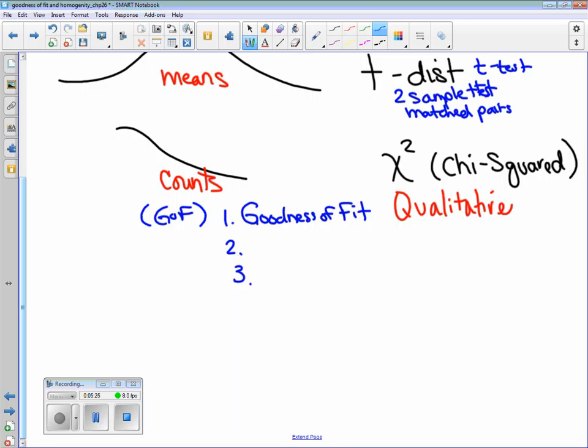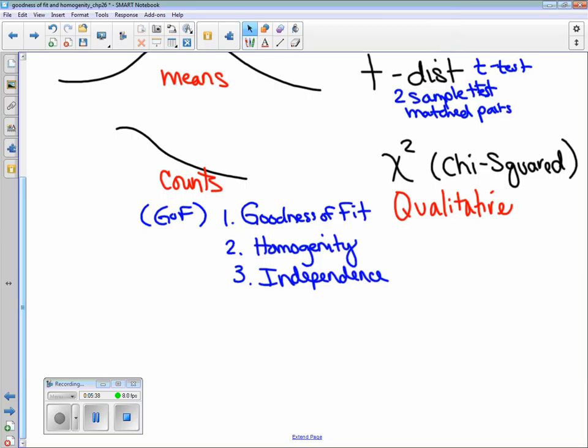Number 2 would be homogeneity. And the last one is independence. They are all chi-squared tests. They all deal with qualitative data, categorical data, and their counts. They just have different purposes.